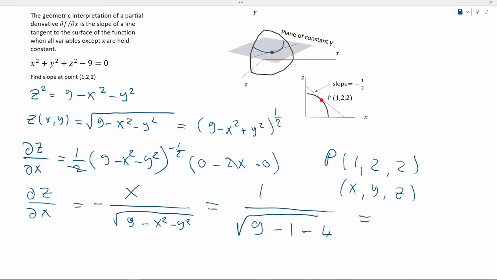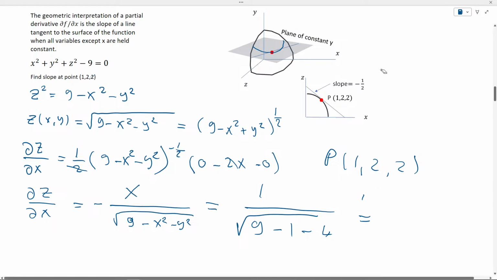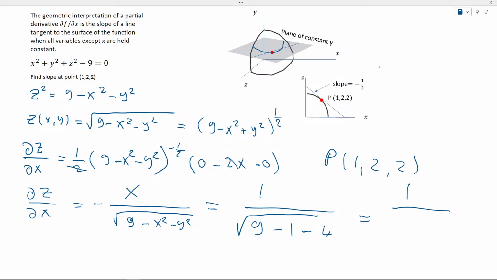If I did this, that will give me minus 5 minus, so that is square root of 4, that will give me 2. I forgot my minus, so I get minus 2. So the slope here is basically minus 2.